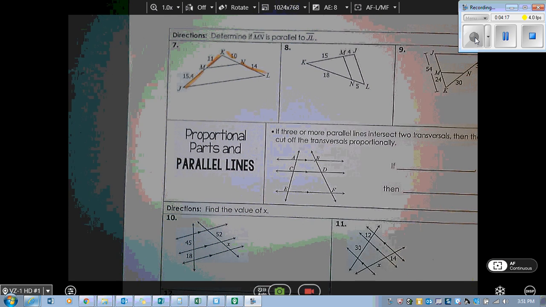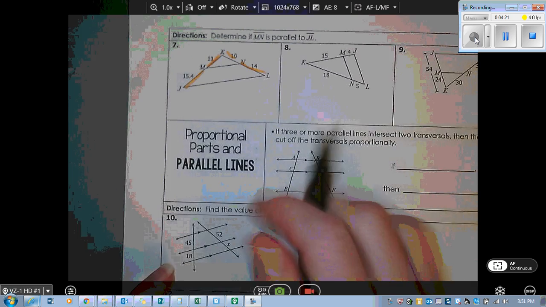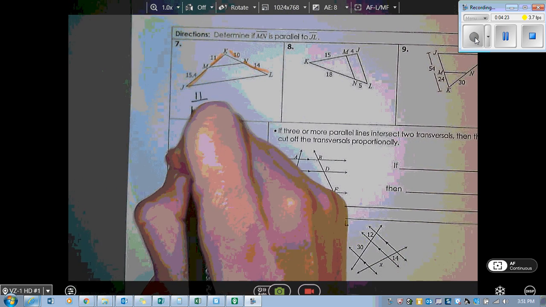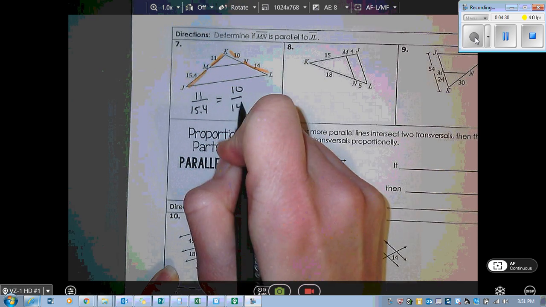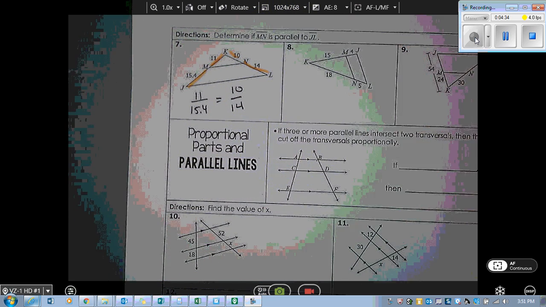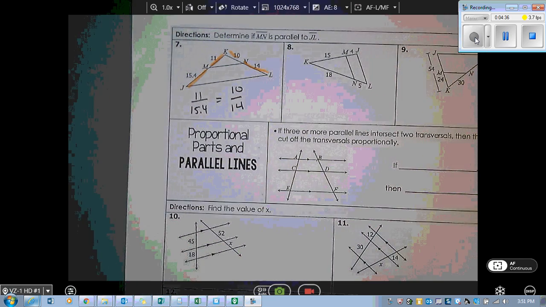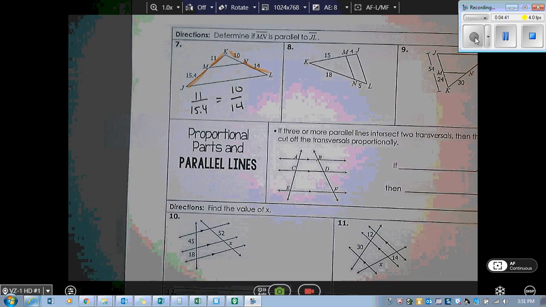So we'll do number 1, and then I'll have you do number 2 and 3. We know that if 11 to 15.4 is equal to 10 over 14, then our lines will be parallel.